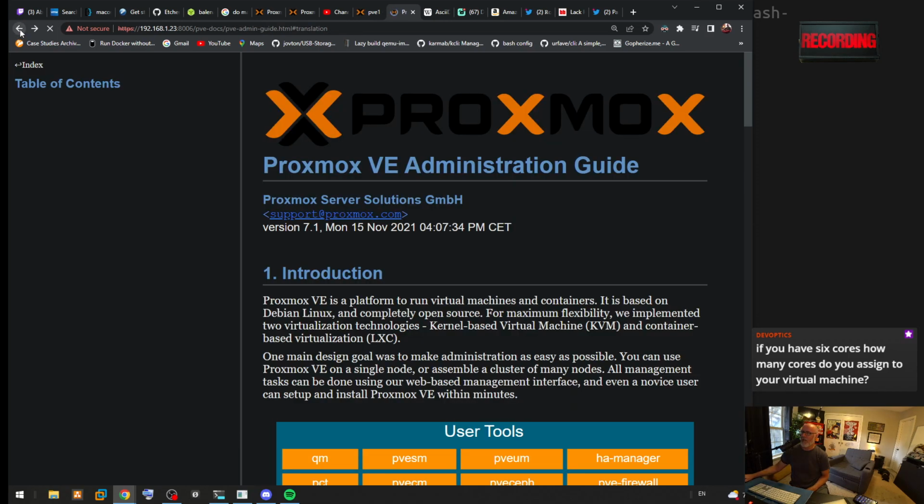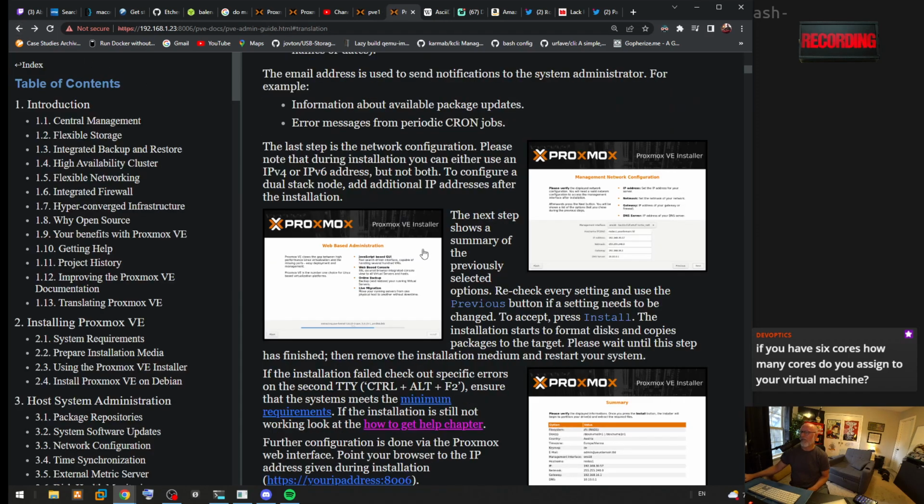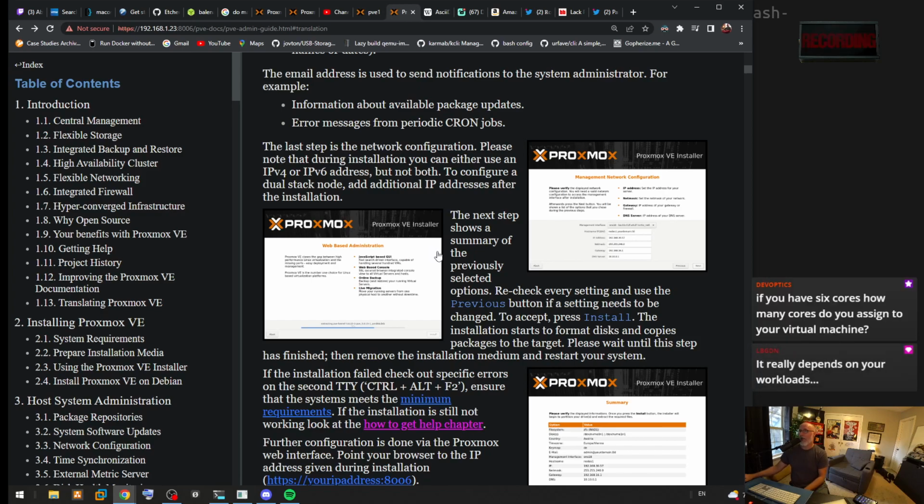But as a really, really rough estimate, I learned this like last summer. You can over allocate CPU cores. You can't do that with RAM. It depends on your workloads and everything else. But if you're just setting up a lab server for some reason, you can probably get away with about, let's say, 1.5 gigahertz per core per VM.